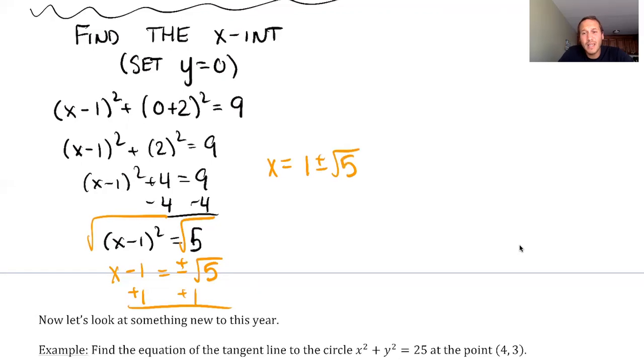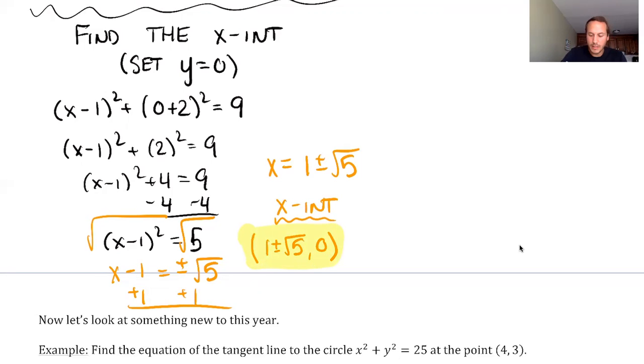Now, the x-intercepts themselves, we're just going to want to rewrite as 1 plus or minus radical 5, comma 0. Don't forget, since it's an intercept, we do want to put it as an ordered pair. But here is what my answer is, okay? So there's my first one.